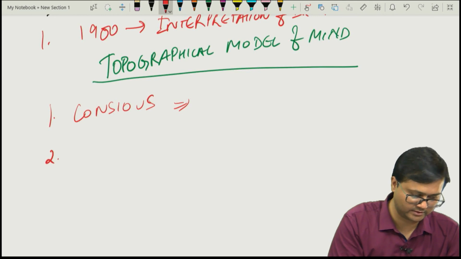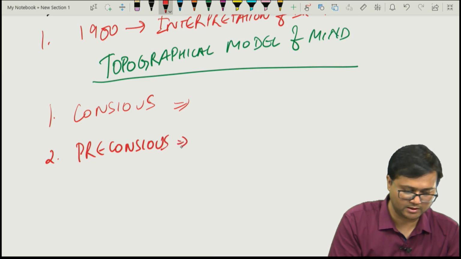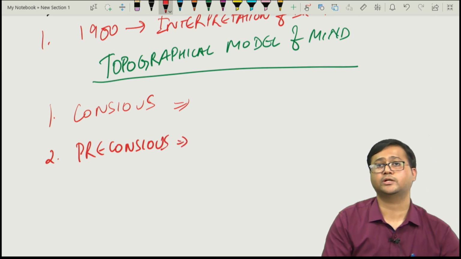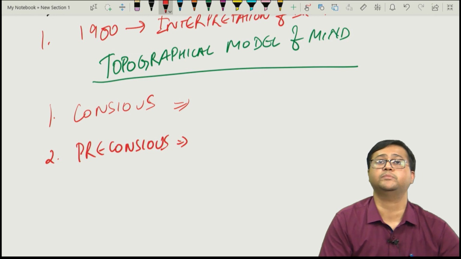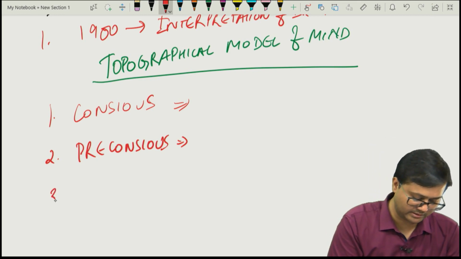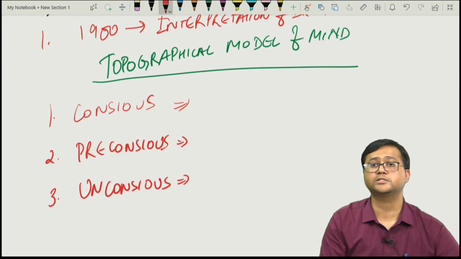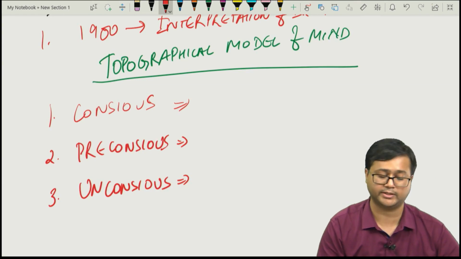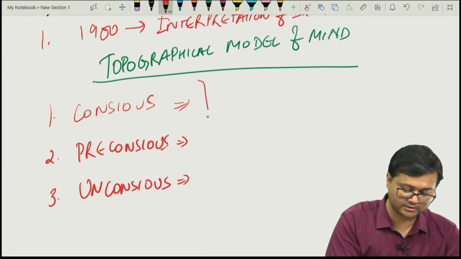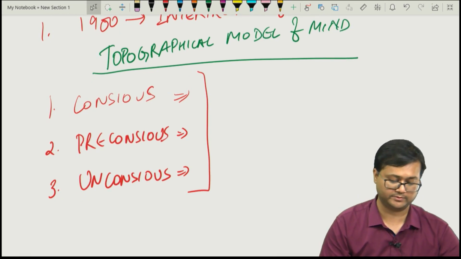Second is the pre-conscious mind. Here the content is not generally under our awareness but can be brought to our awareness by focused attention. Then third is the unconscious mind. Here the contents are generally kept away from our awareness. So this is how he divided the mind based on the topographical model.